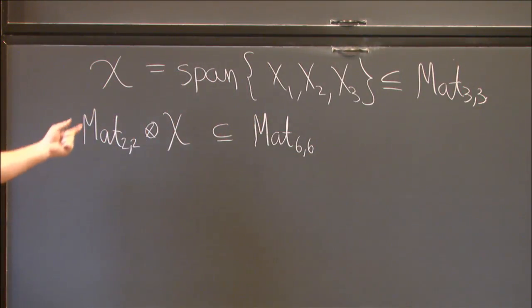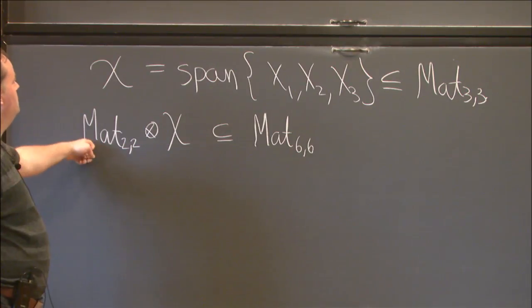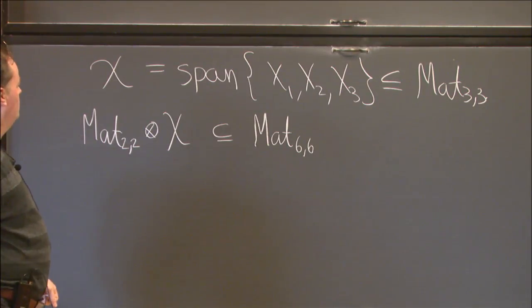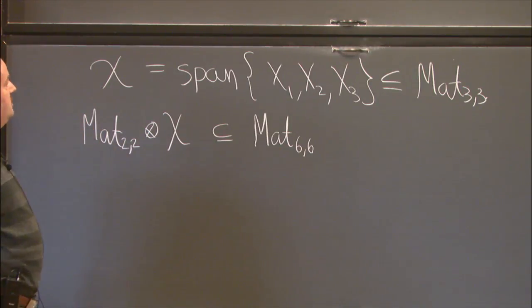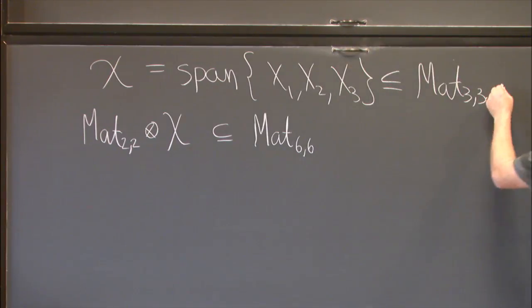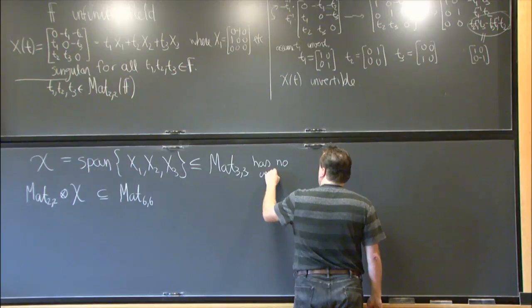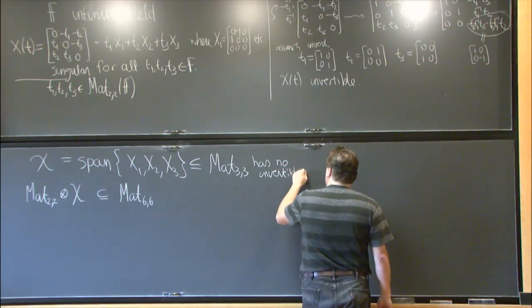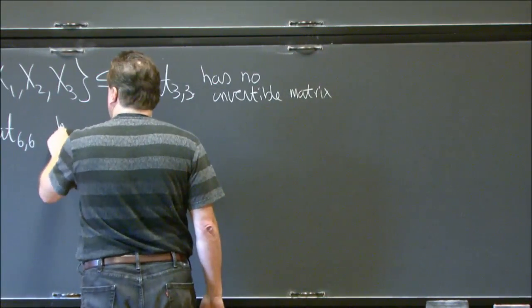So that's this construction of substituting 2 by 2 matrices in all possible ways. Yeah. So exactly. So for every variable ti, we can choose a matrix. And so this has no invertible matrix. And this has an invertible matrix.